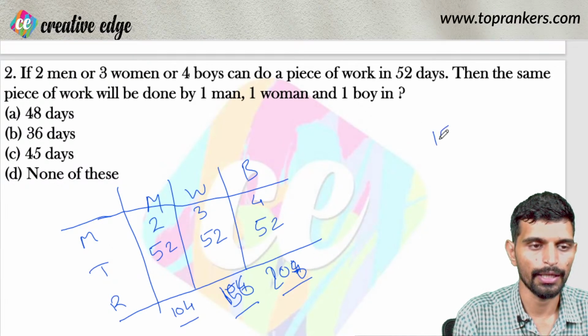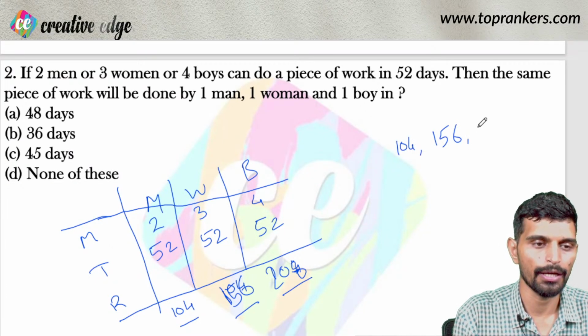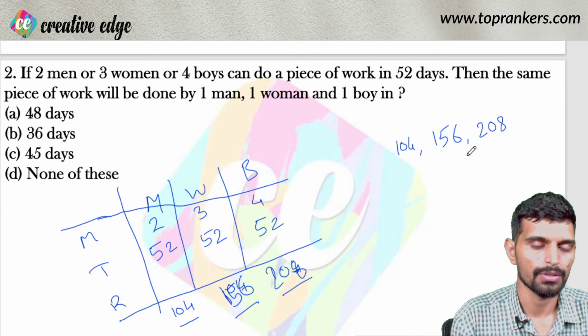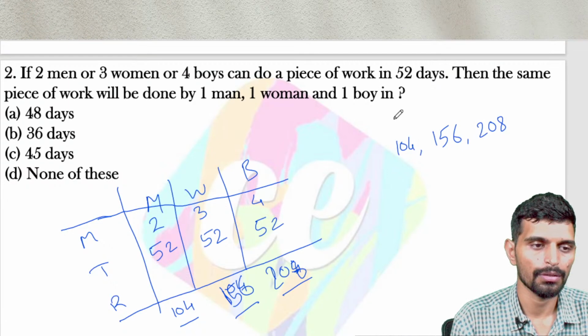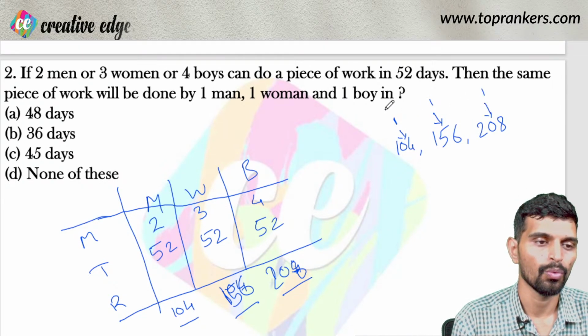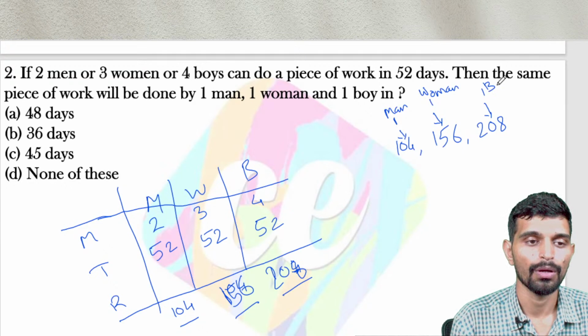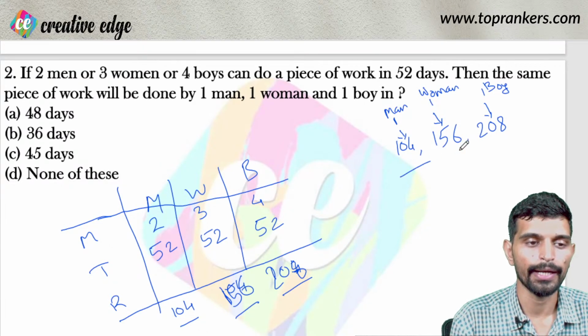So let's take the LCM of these three numbers, 104, 156 and 208. Or you can say, this is the time taken by one man, this is the time taken by one woman, and this is the time taken by one boy. Why did I write it?